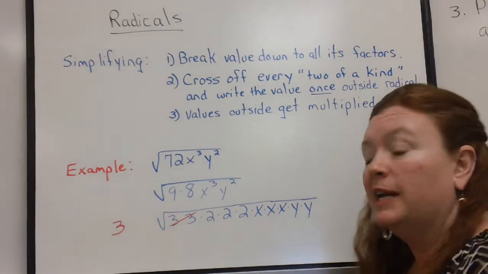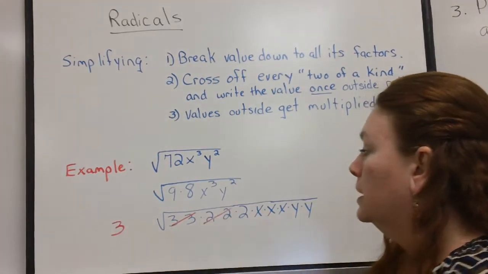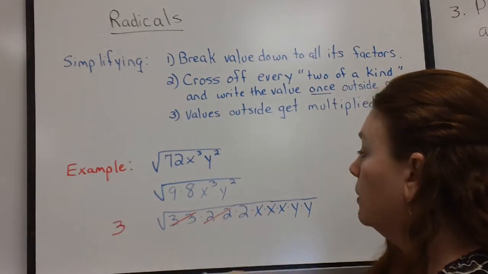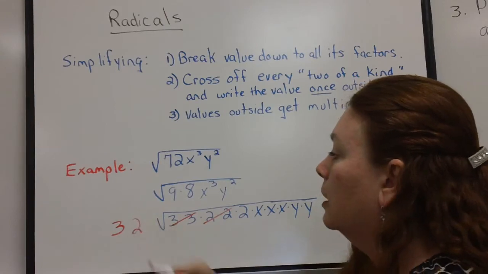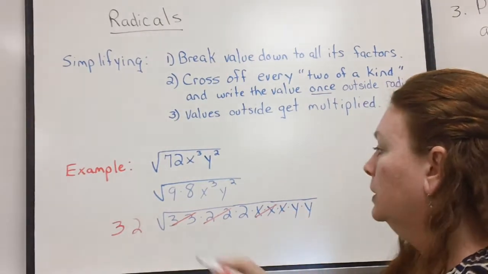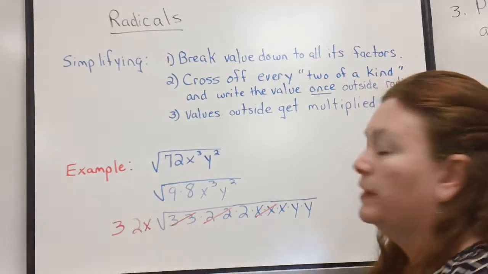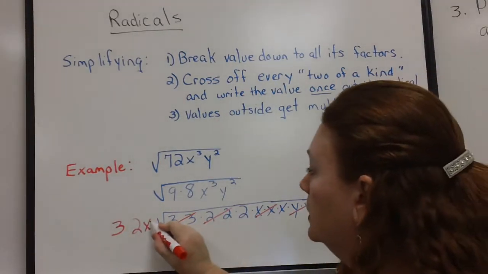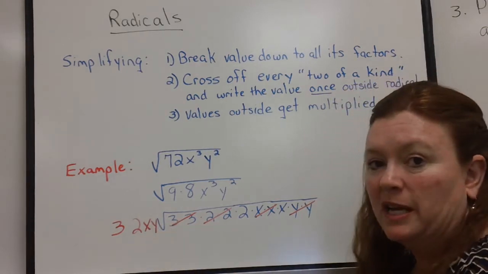Oh, I have 2 of a kind. Here's a pair of 2s. Now there's an extra one, but only 2 at a time. So I cross them off and write it once on the outside. There's a pair of x's. Cross them off, write it once on the outside. There's a pair of y's. Cross them off once on the outside.